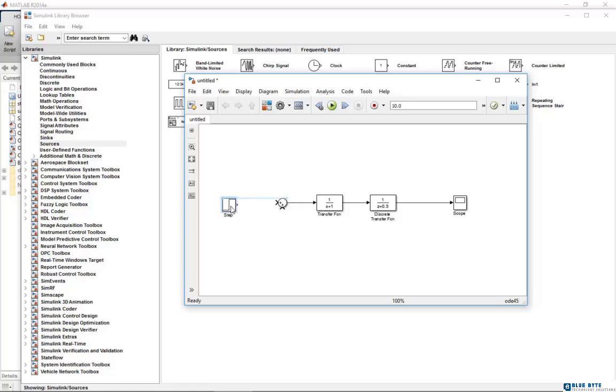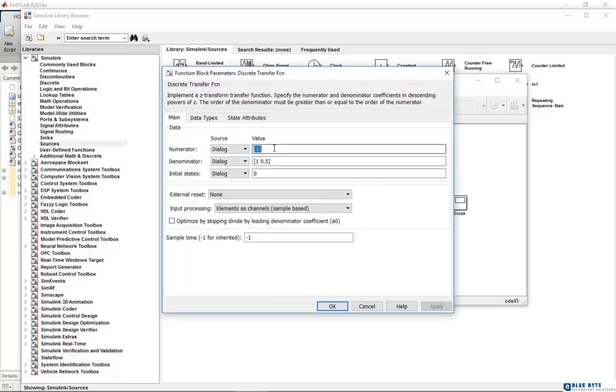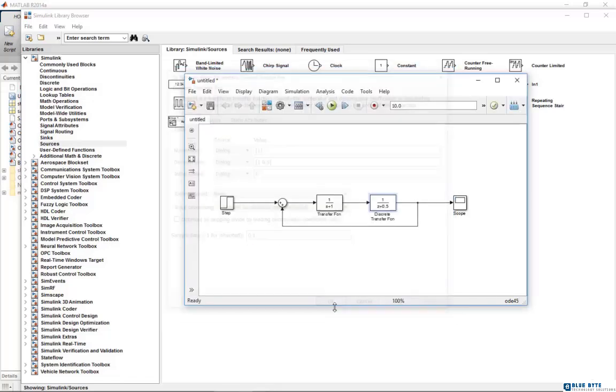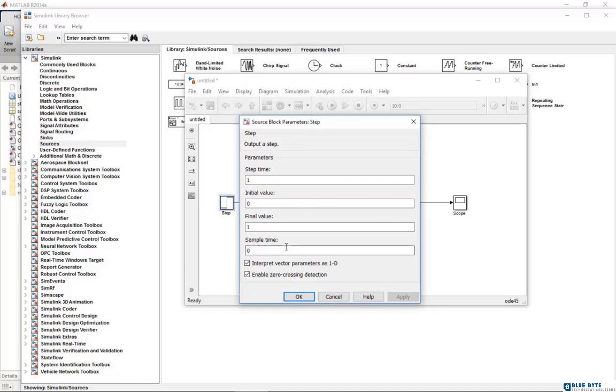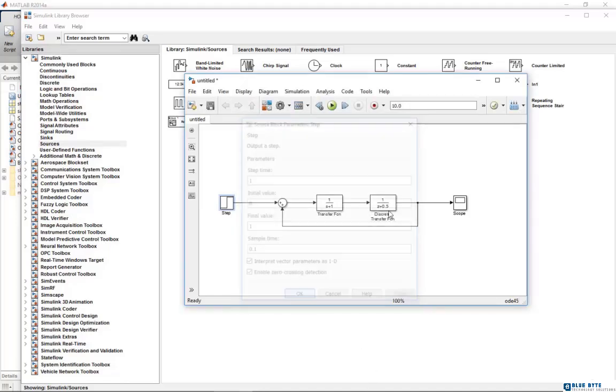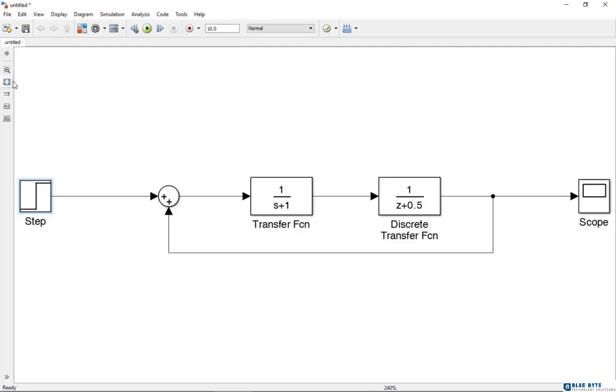We have a scope for showing the output and a sum for using the feedback of the system. I set the sample time 0.1, it's for the discrete sample time, and I do so for step 2.